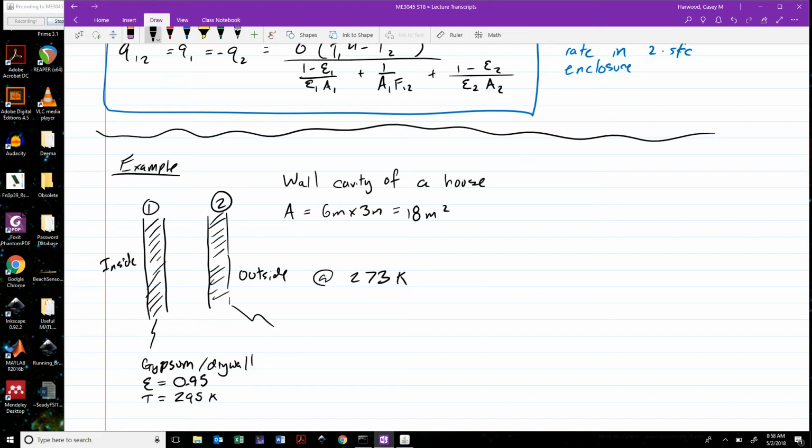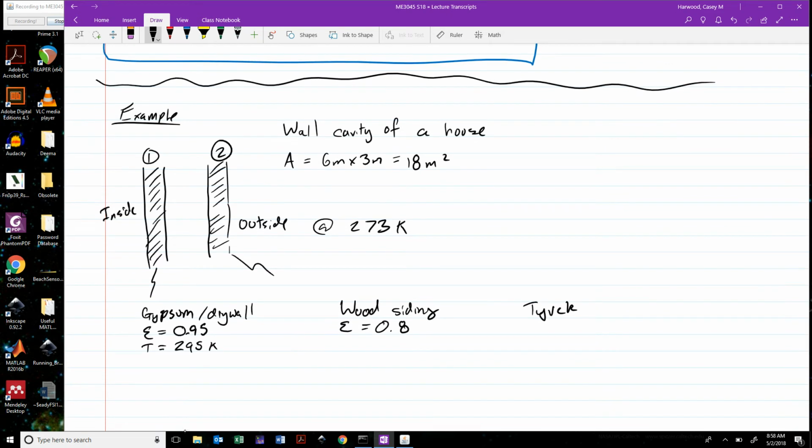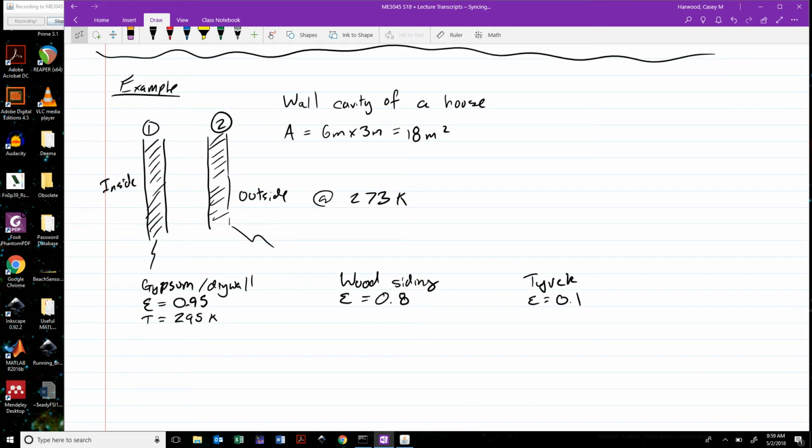The outside material is either wood siding, which has an emissivity of about 0.8, or Tyvek, with an emissivity of about 0.1. Tyvek is that paper sheeting stuff you'll see wrapped around buildings before they put siding up. It acts as a moisture barrier and, as we'll see, a good radiation barrier as well.